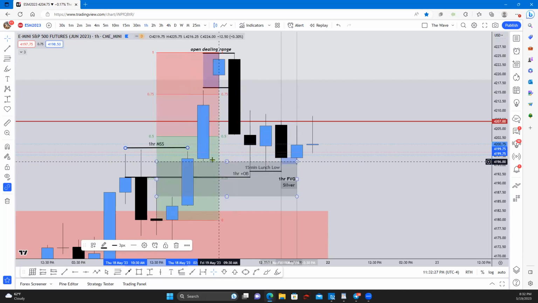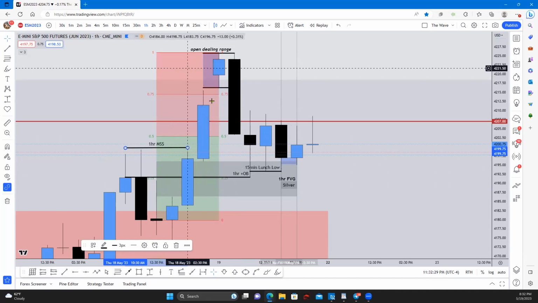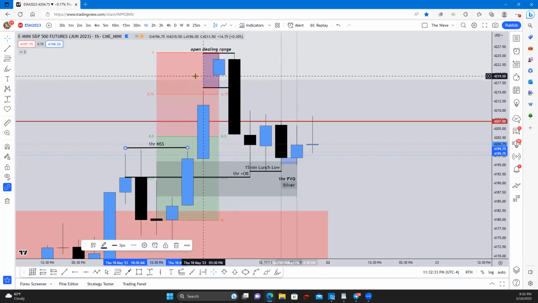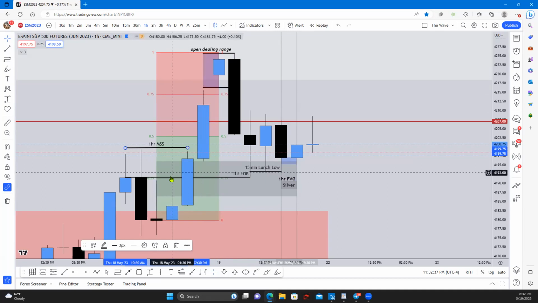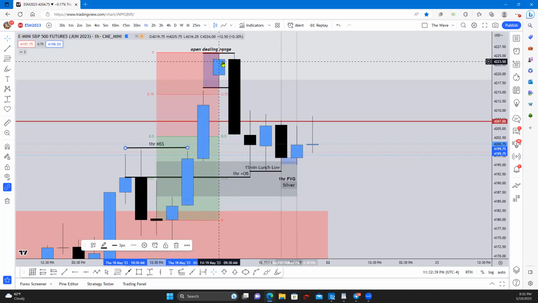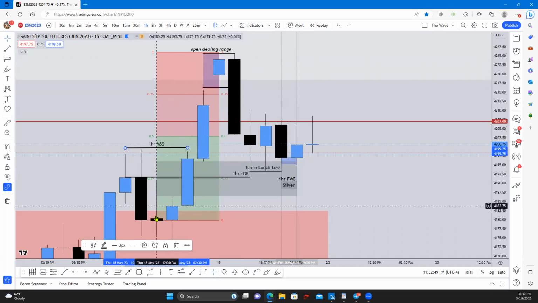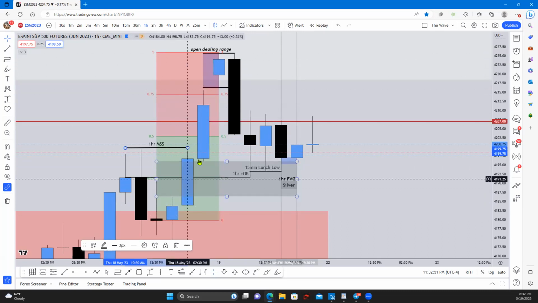Anything under 50% is your discount. If you want to take sells, you want to be in a premium. If you want to take buys, you want to be in discount. So when market's in a premium, it wants to move to a discount. And when price is in a discount, we want to move to a premium. Okay, so this is our premium and discount price leg.